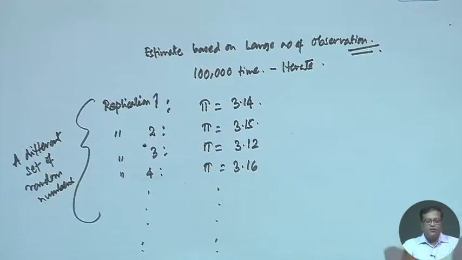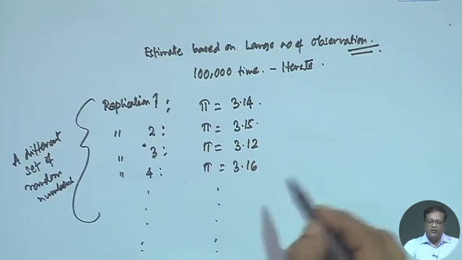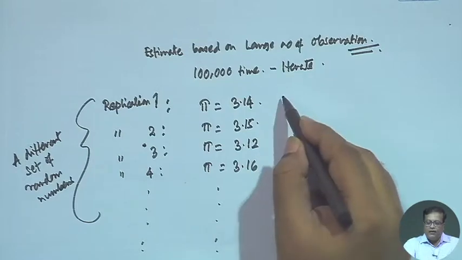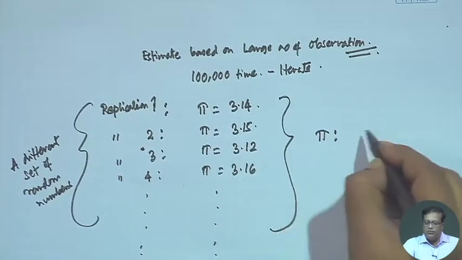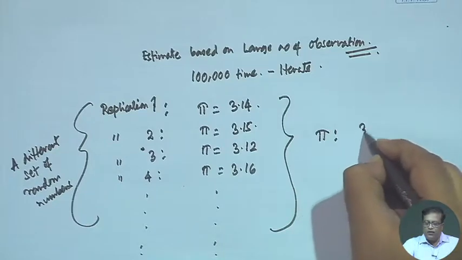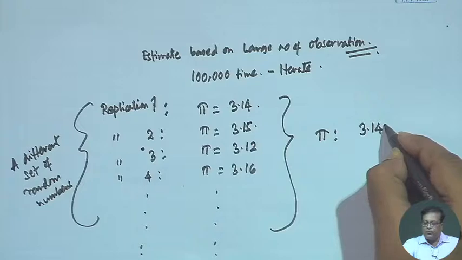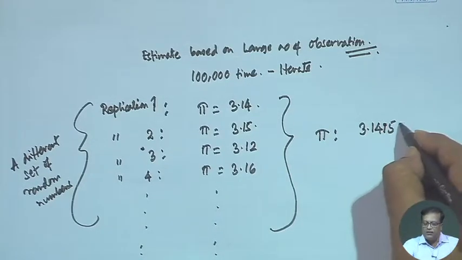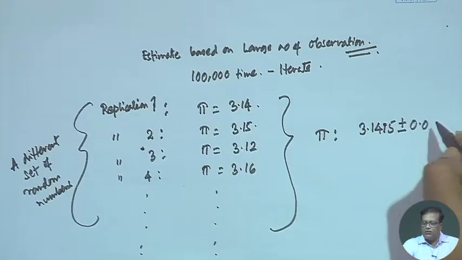A different set of random numbers is to be used, and while using different sets of random numbers, we can actually predict the value of pi. Suppose the value of pi comes out to be 3.14, say 15, plus minus 0.0002.